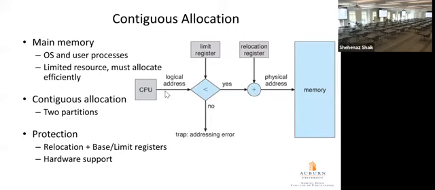We have discussed earlier that to perform the address binding at runtime or at execution time, we have the memory management unit which performs the relocation and converts the logical addresses to the corresponding physical addresses. Okay?